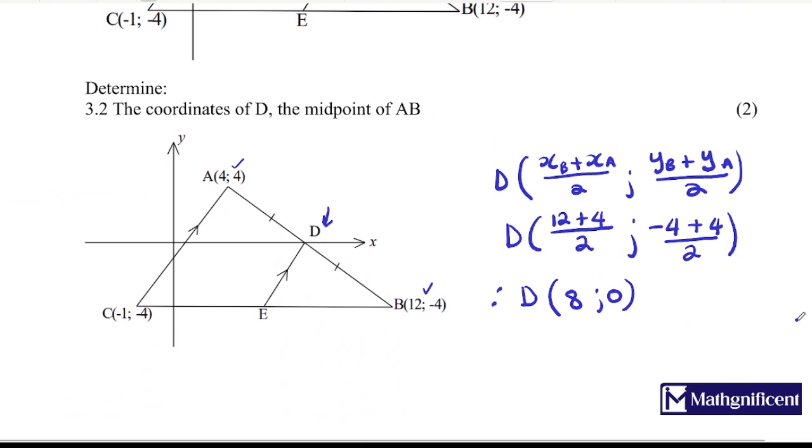So therefore, the coordinates of D are 8 for the x value and 0 for the y value. This is how we determine the coordinates of the midpoint. Remember the formula, we substitute, and after substituting, we simplify everything, and that gives us the x and y values of the coordinates of D. So that's what we have for 2 marks.